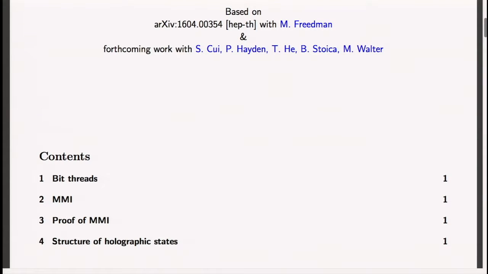In other words, we have a new proof of something we already knew to be true, and as often happens when you have a really new proof from a different point of view, that actually brings you some new insight. And so I'm going to claim that it suggests a very specific, concrete entanglement structure for holographic states.